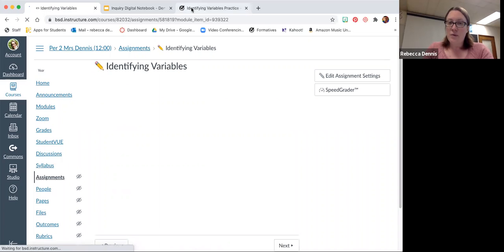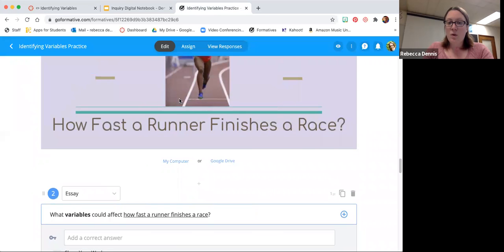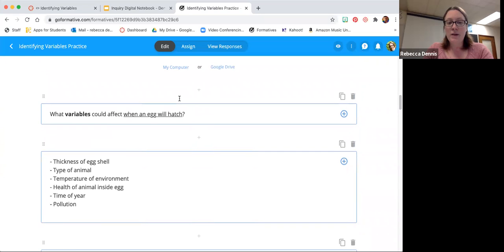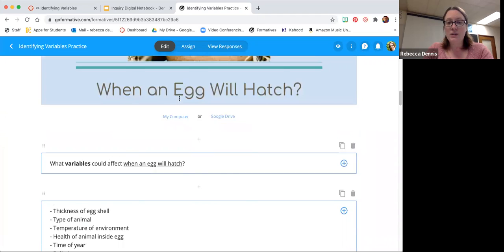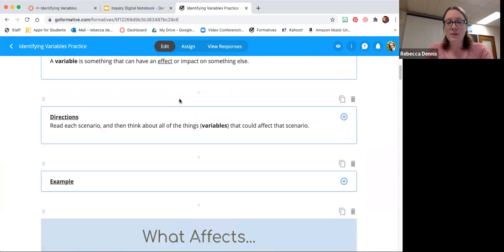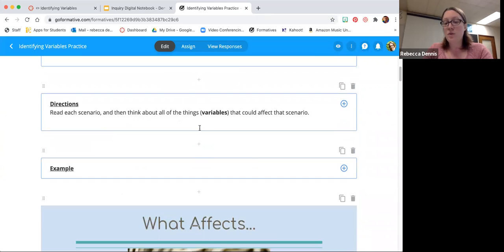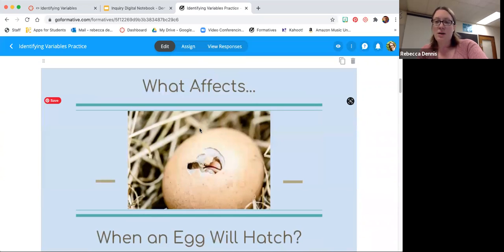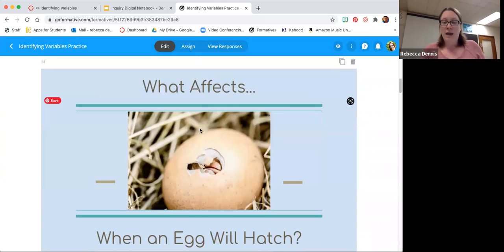And in this formative, I have slides. So you can see here it says what variables could affect each of these things. And here's an example one. So read each scenario and then think about all the things or variables that could affect that scenario. So just like we just did in our notes on page 5, I believe it was, maybe it was 6.